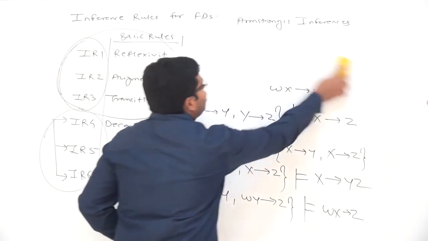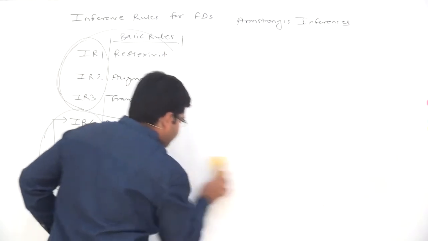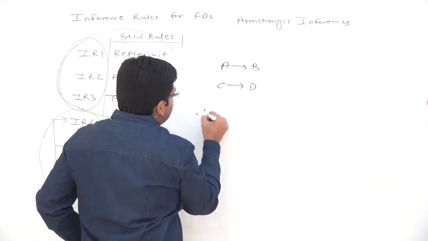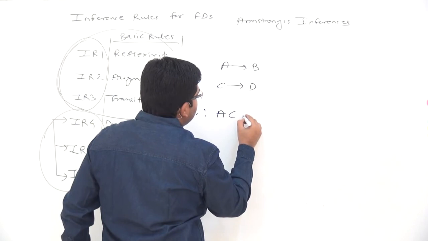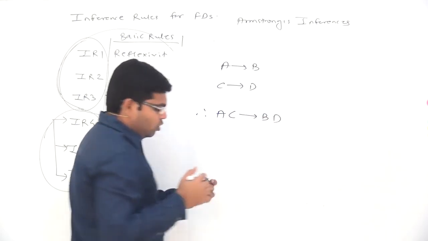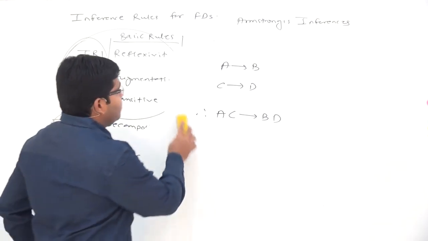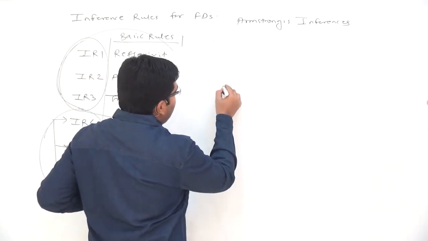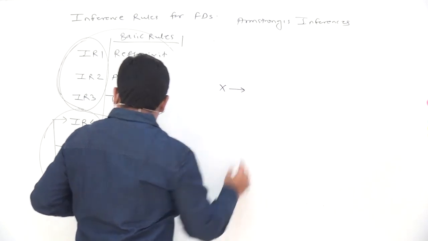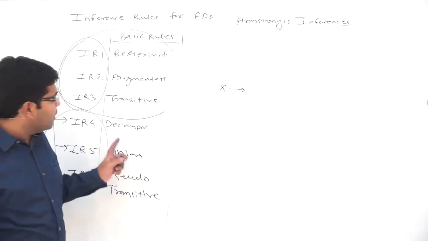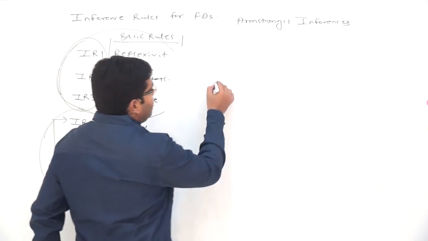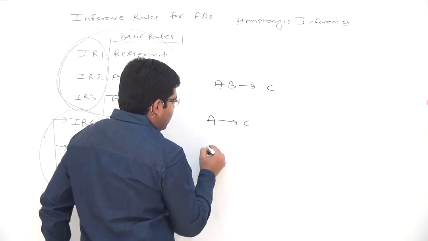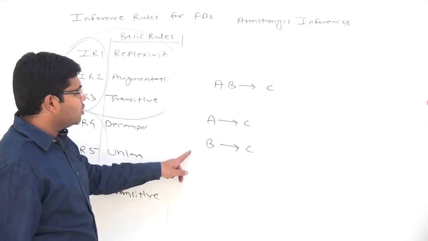For example, AB gives C cannot be decomposed as A gives C and B gives C. It is an invalid decomposition, you should not try this.